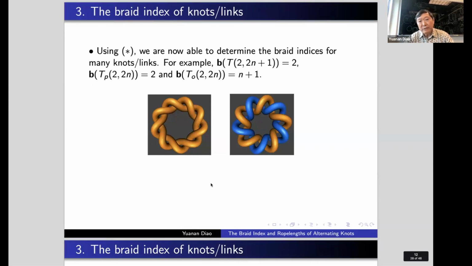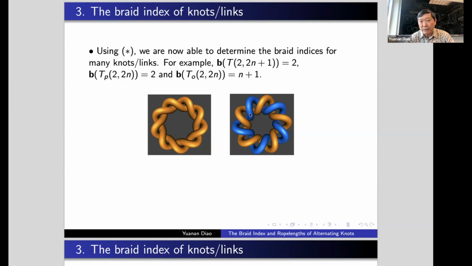So for example, using that inequality, we can now get the braid index for those torus links, right? For example, the torus knots, the (2, 2n+1) torus knot. Only one component on the left side. And those guys have braid index 2. For the two-component guys, if you give them parallel orientation, the P means parallel orientations, then they also have braid index 2.